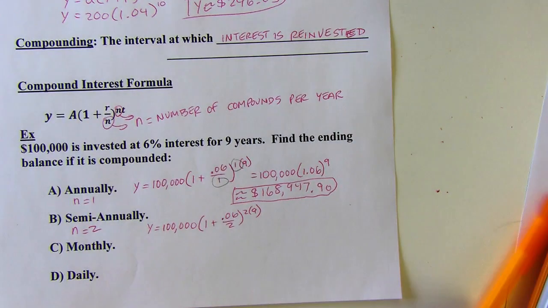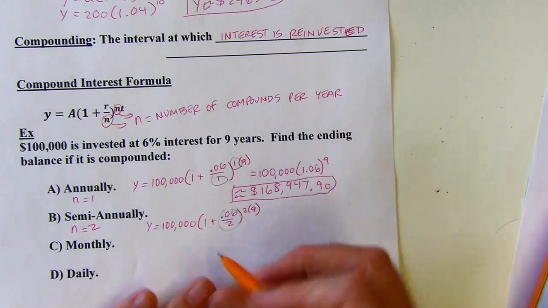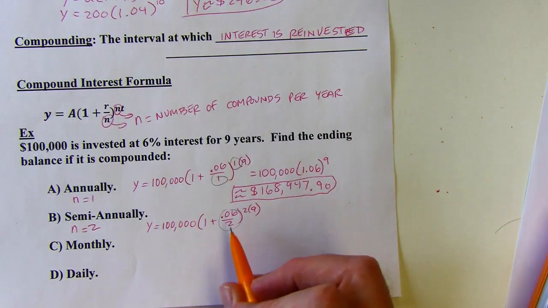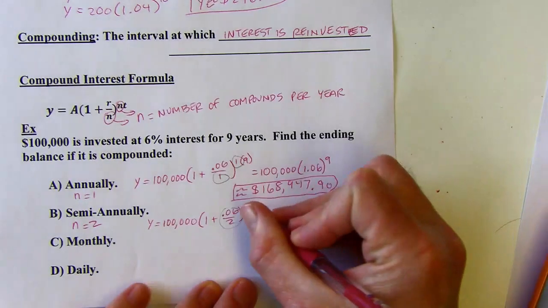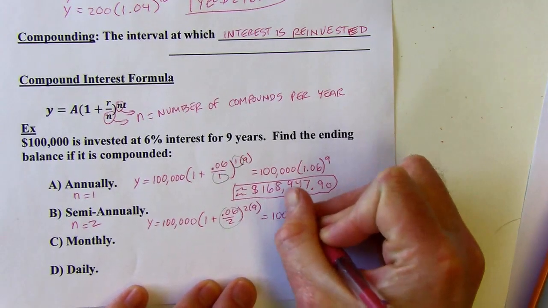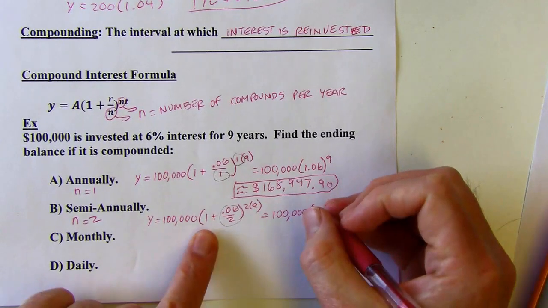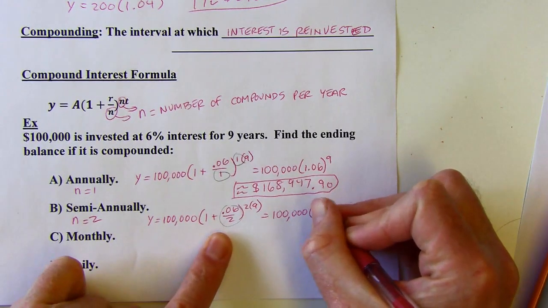Sorting this out in my calculator, I'm going to start right there. 0.06 divided by 2 is 0.03, and I'm going to add that to 1. So the contents of the parentheses will be 1.03.